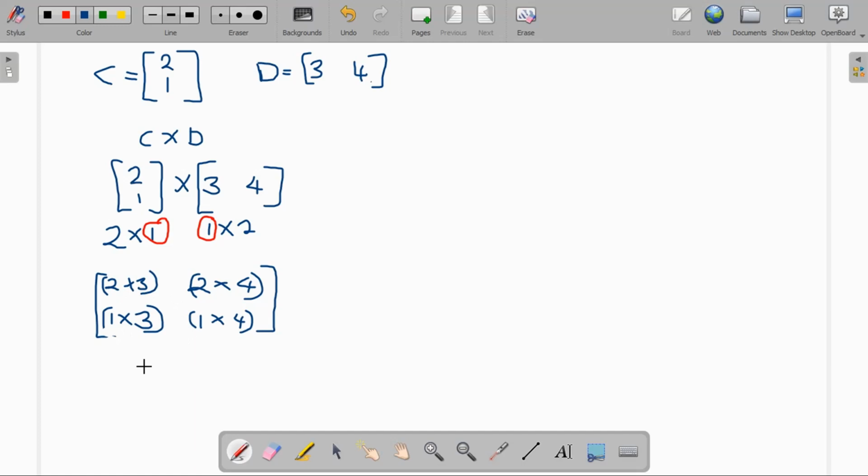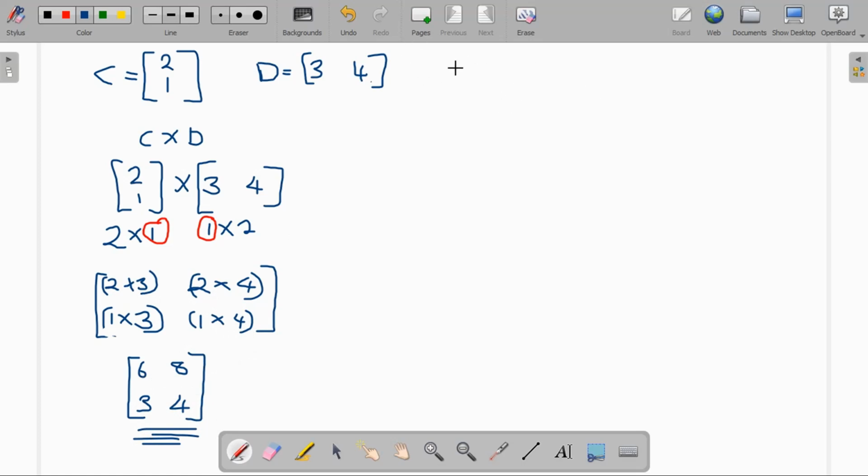So 2 times 3, it gives us 6, and then 2 times 4, it's 8, 1 times 3, it's 3, 1 times 4, it's 4. So these are the ones that we have. So that's the answer there.